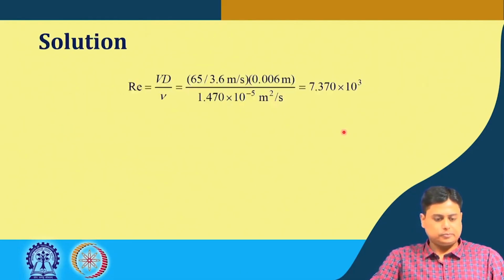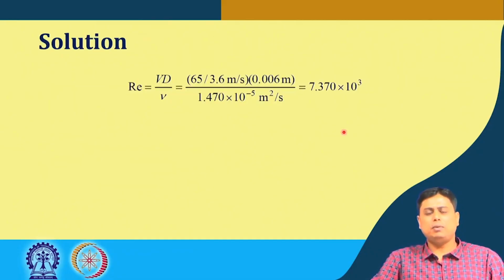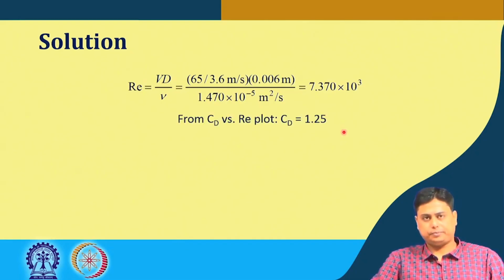Here the Reynolds number is calculated as velocity multiplied by the diameter divided by the kinematic viscosity. We converted kilometer per hour to meter per second to be consistent with the units. The diameter is given, kinematic viscosity is given. So, we can see the Reynolds number comes in the range of 7.3 multiplied by 10 to the power 3.